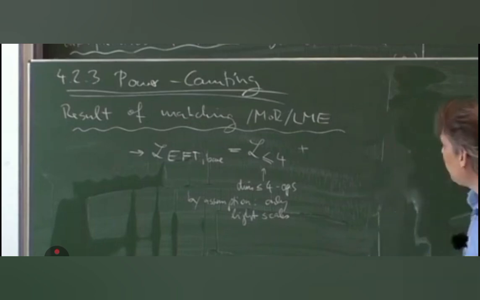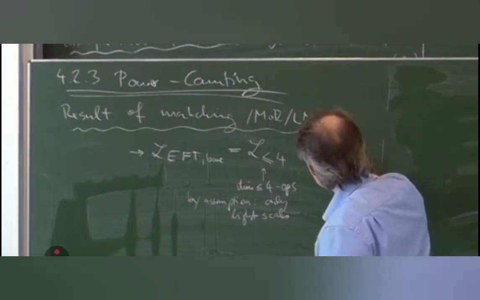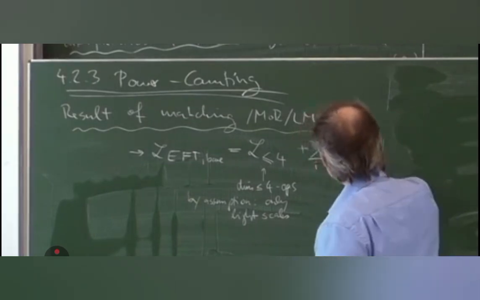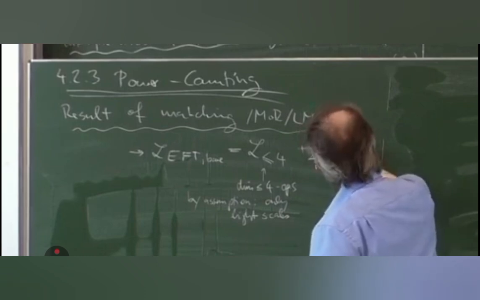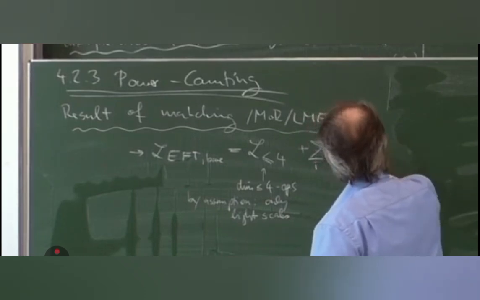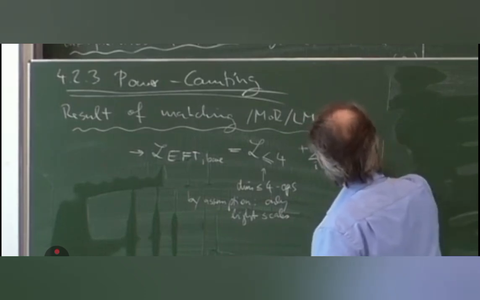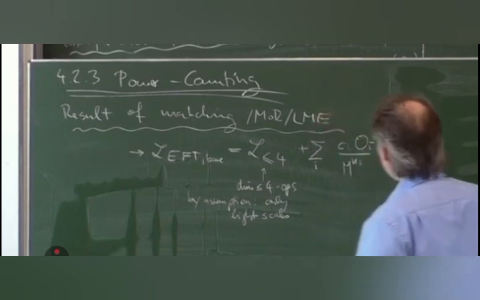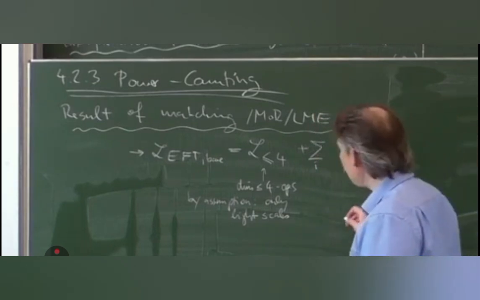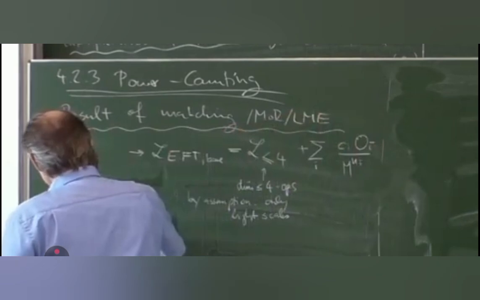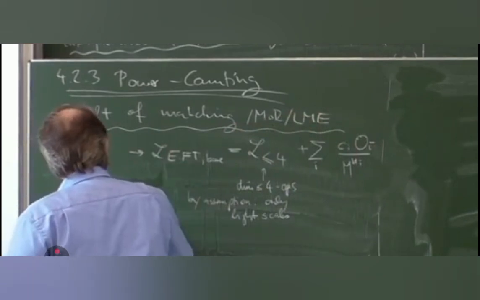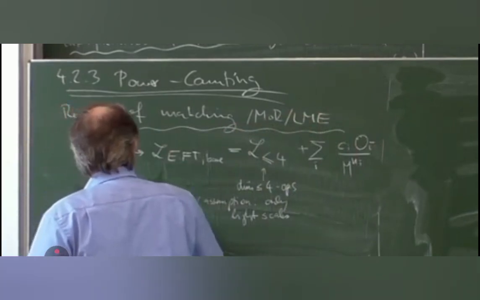Therefore, we have here a sum over i of some coefficients times some operators divided by m, the heavy scale, to some power ni. And let me explain what I mean by this. So Ci are dimensionless coefficients.